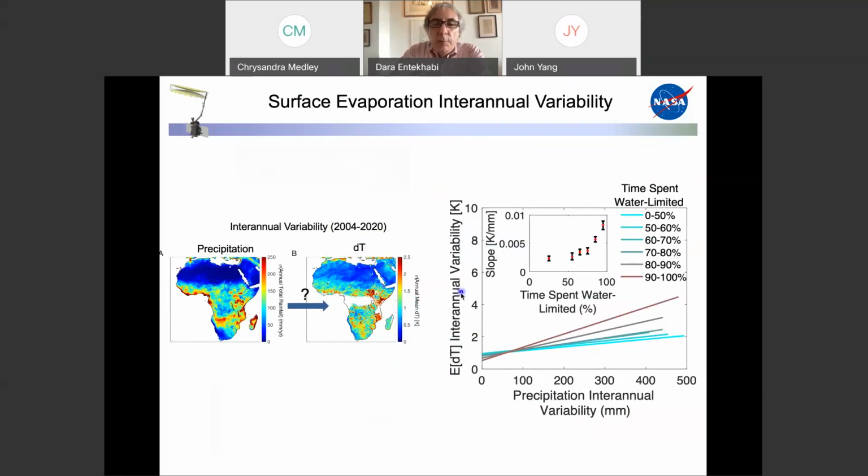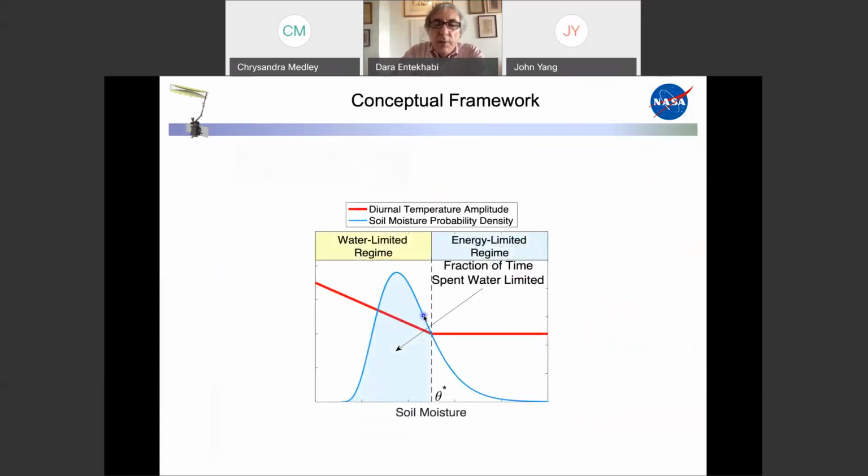And if you plot that transformation for different levels of the weather regime dominance, you get a clear signal that the slope keeps going up. So it's all a matter of where this PDF is relative to this threshold, and what is the intrinsic slope in the water limited regime for that landscape unit.